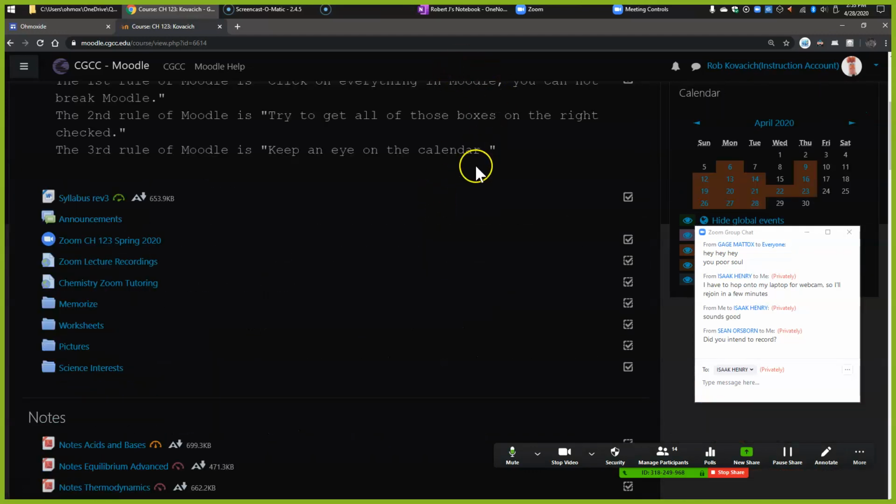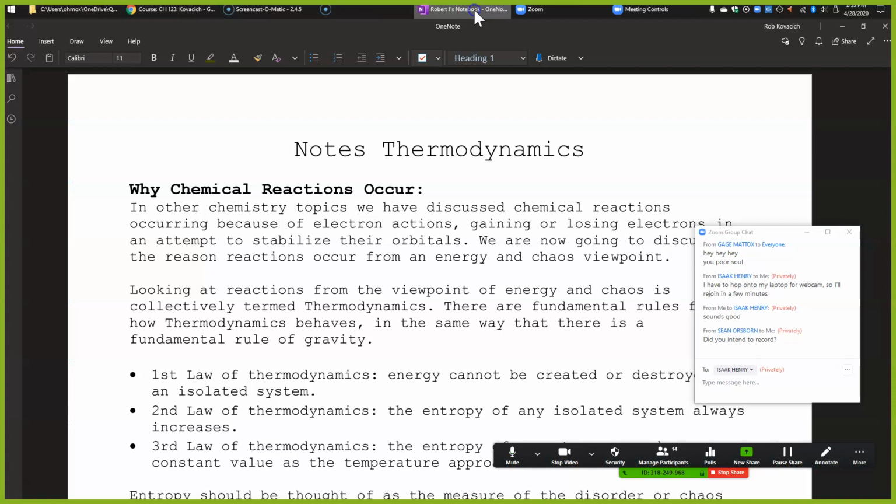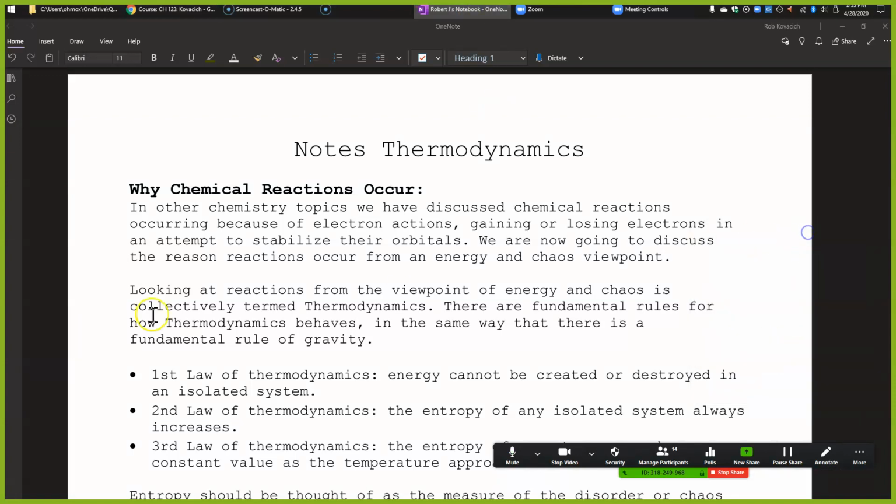All right, so we're going to talk about thermochem for a while. People usually think when we're talking about thermodynamics, we're talking about temperature, and that's not really exactly what's going on here. We're going to be talking about energy, not really the temperature.